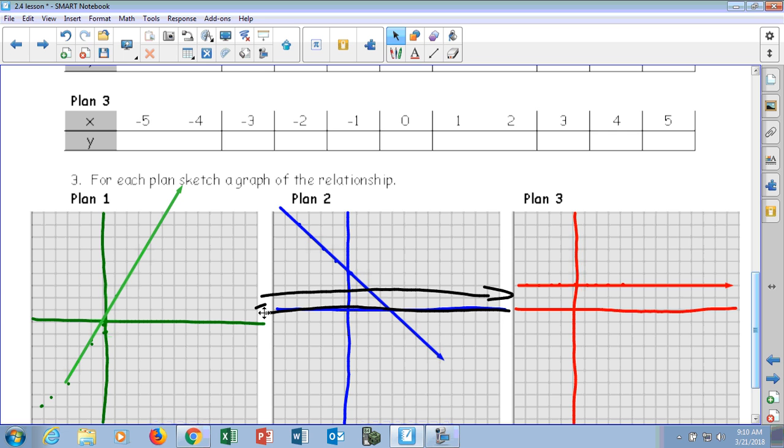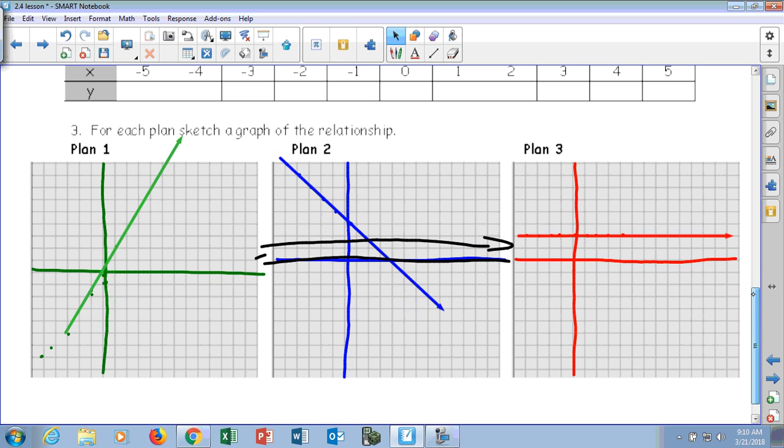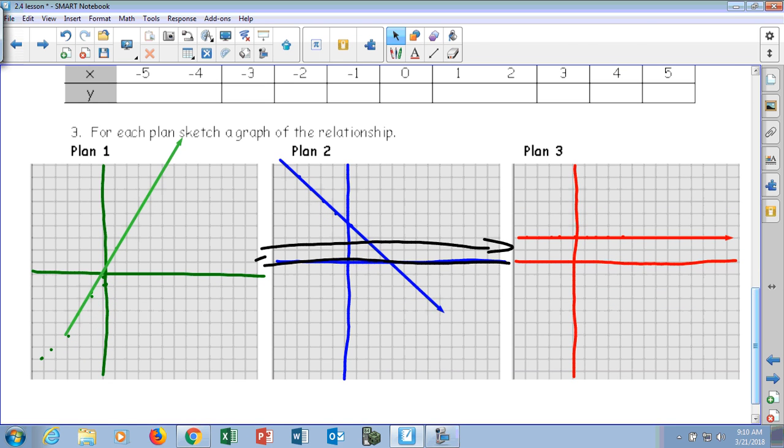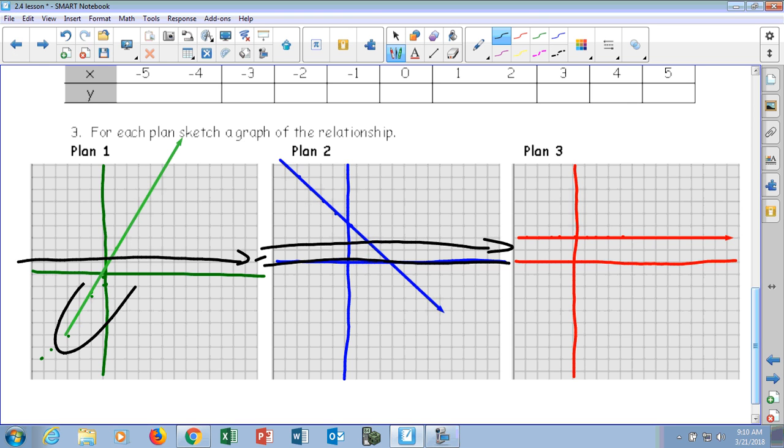So as our lines are going from the left to the right, negative to positive, increasing, what is our y doing? Is it increasing, is it decreasing, or is it staying the same? So we're going to look at plan 1. If I go through left to right, looking at my line, what's my y-axis doing, Robert?